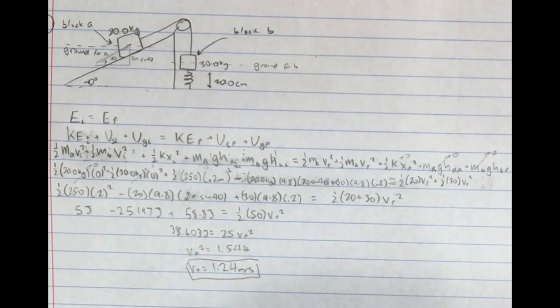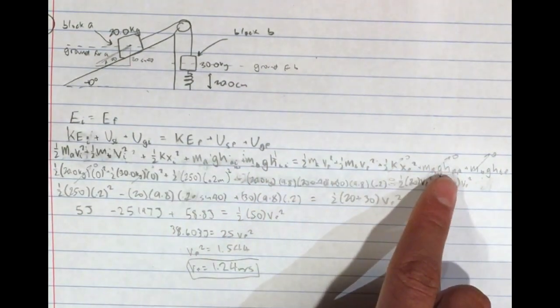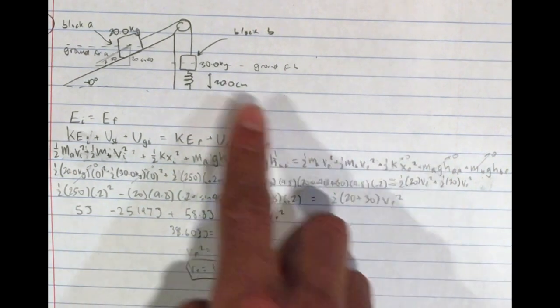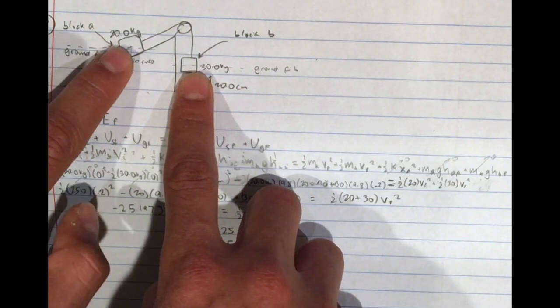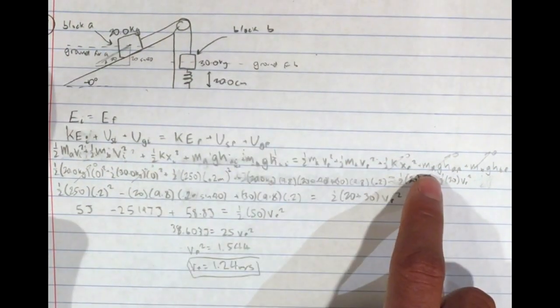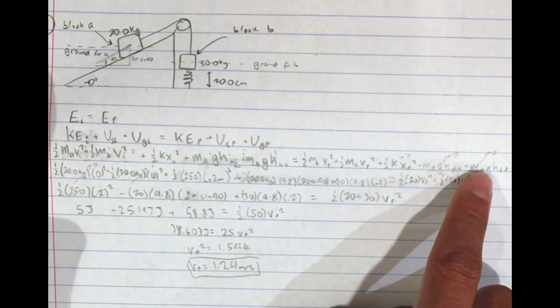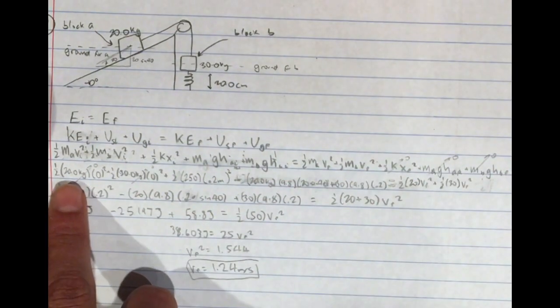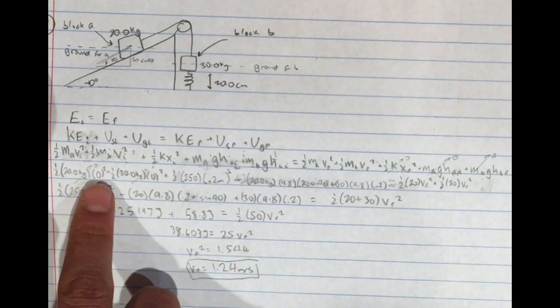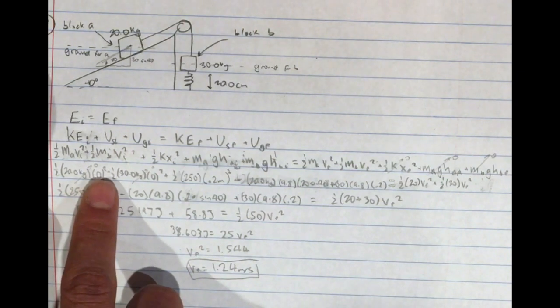And then similarly, we'll have those for the final. However, at the final, this is back to 20 centimeters. So that means that these two blocks are going to be at the ground, so they're not going to have any gravitational potential energy.